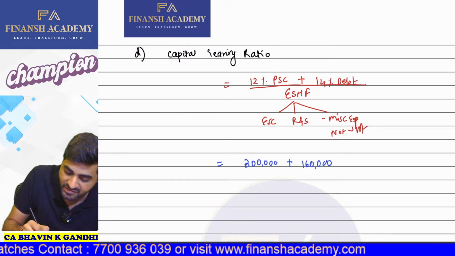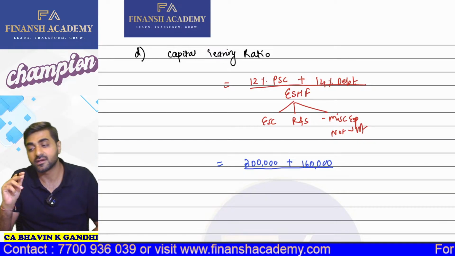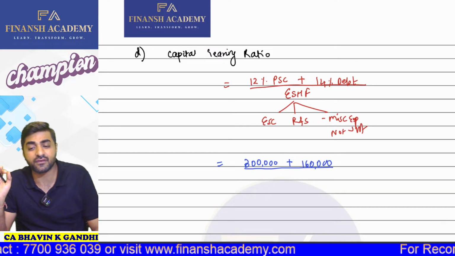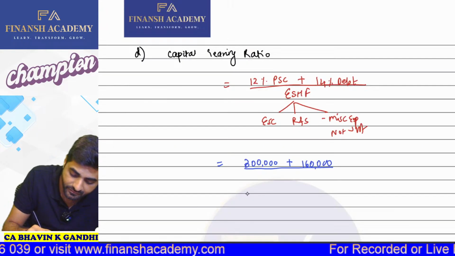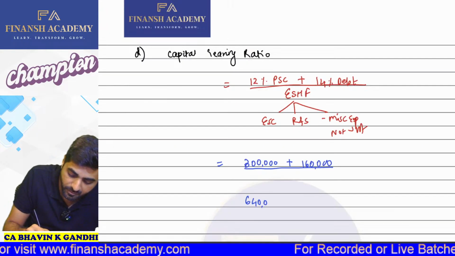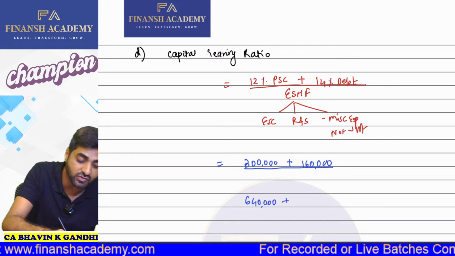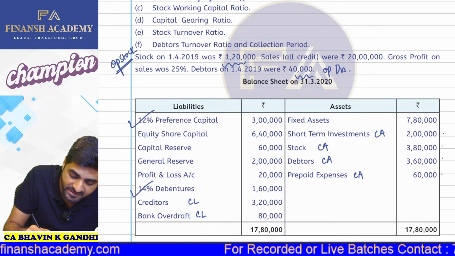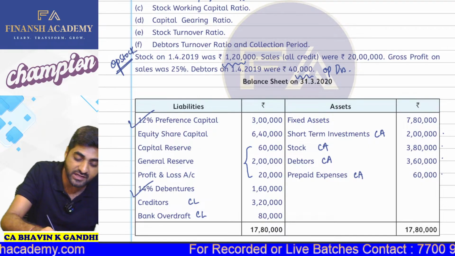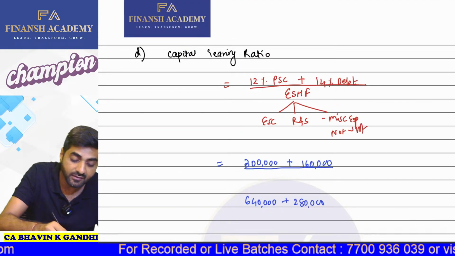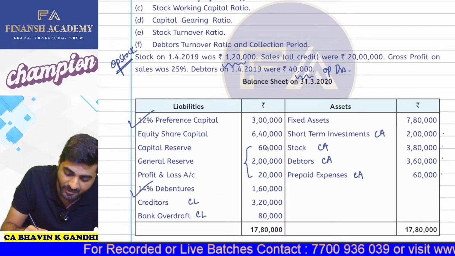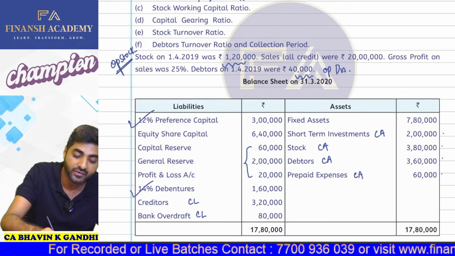And I need to divide this with what? Equity shareholders funds. So can I say my equity shareholders funds is the combination of equity share capital, which is 6 lakh 40, plus reserves and surplus. So I need to take the total of all these reserves and surplus, which is 2 lakh 80,000, right? Because there is capital reserve, general reserve, P&L.